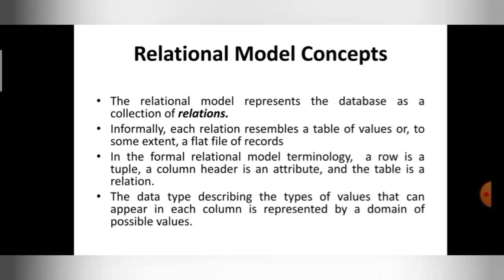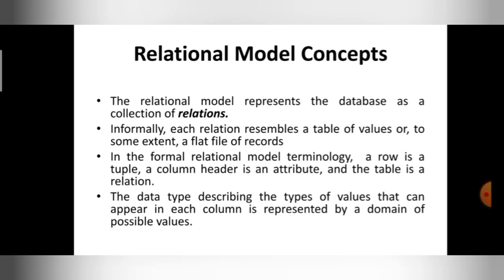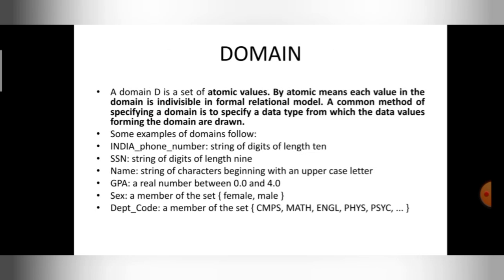Domain means, for example, name should be defined with characters from A to Z. Age should be within 15 to 25. Like that, I can specify the domain of values. Now you will understand the domain.